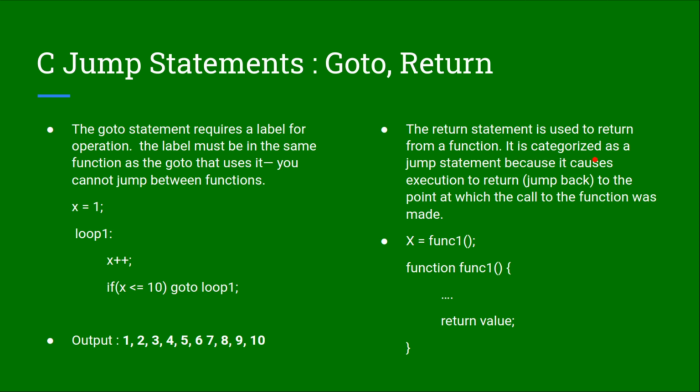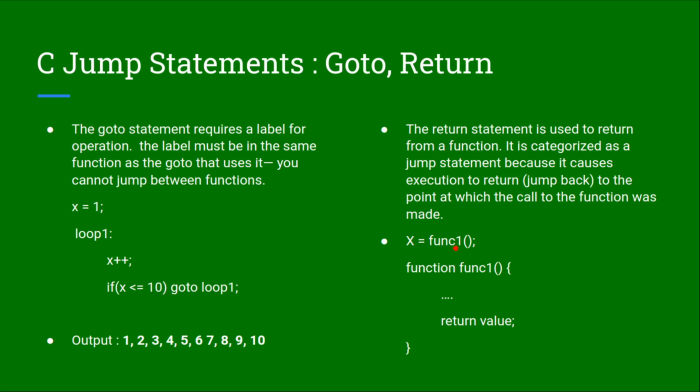On the other hand, the return statement is used to return from a function. It is categorized as a jump statement because it causes execution to jump back to the point at which the call to the function was made. For example, here we have a call x is equal to function 1. This is a function call and this is a function return. Whenever we return from here, the control automatically comes back.